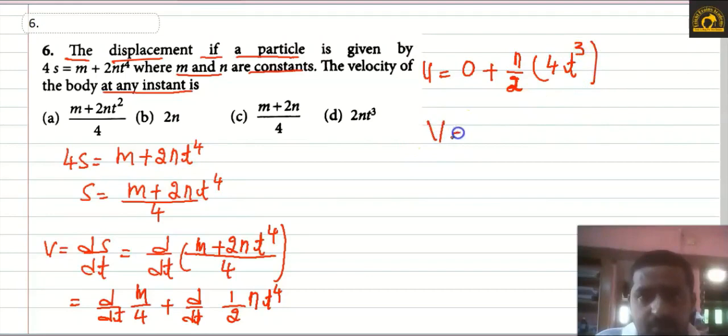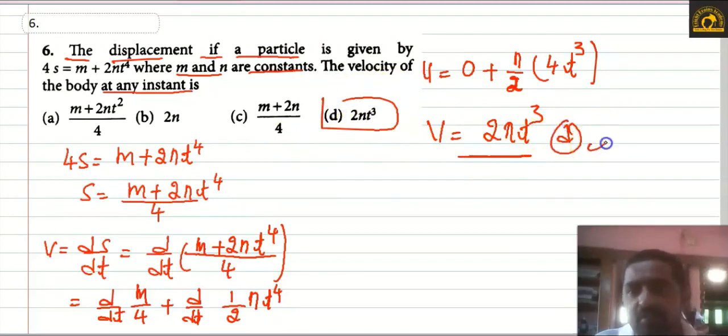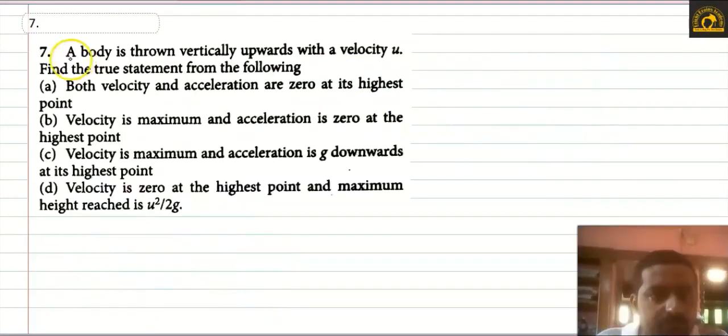So velocity is equal to 2n t cube. This is the answer, 2n t cube. Option D is the correct answer.